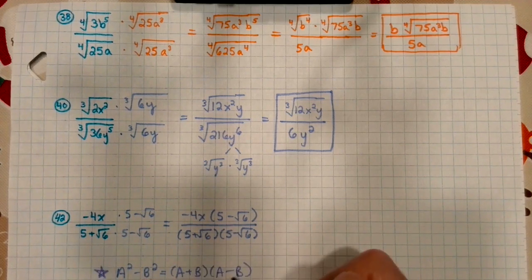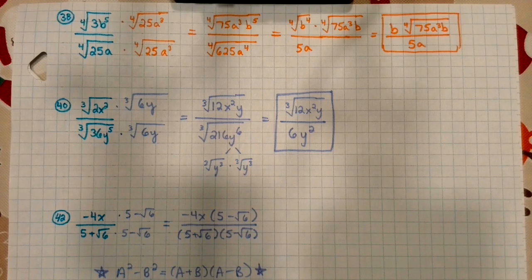So if you can keep this in mind for these questions where you have to rationalize the denominator with two terms, this is very, very handy. Otherwise, like I said, you can go back to what we did on question 16 and question 18, where basically you use FOIL. You'll get the same answer.